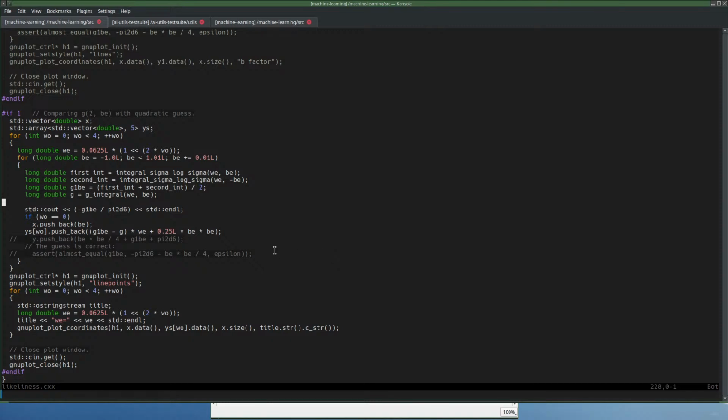What I'm currently returning is just the offset at BE 0. So if BE is 0, then this is correct, correct being 0. You can see that. If this is 0 and that is 0, then we push 0, which is what we want. Okay, so we have 0 equals this.